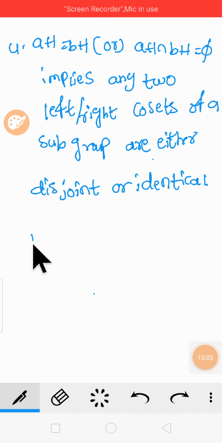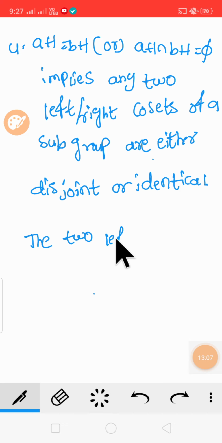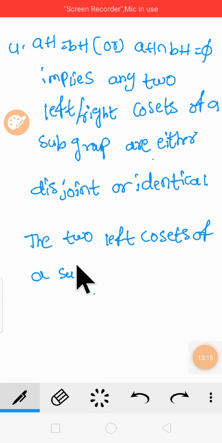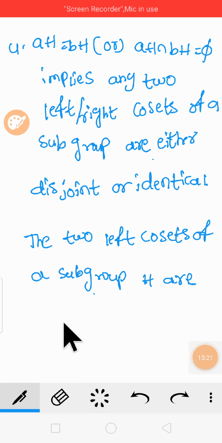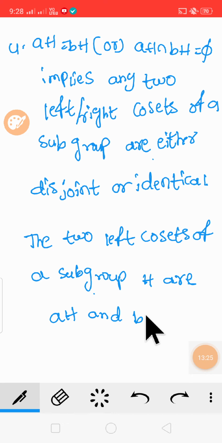Here we take left cosets. Any two left cosets of a subgroup H are aH and bH.